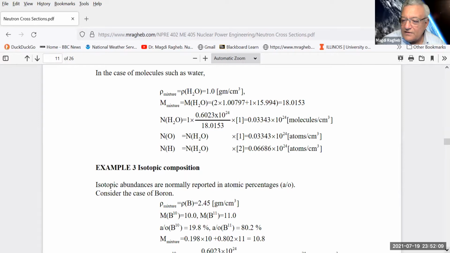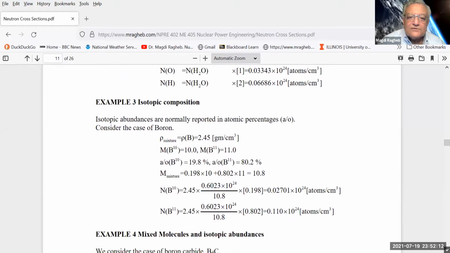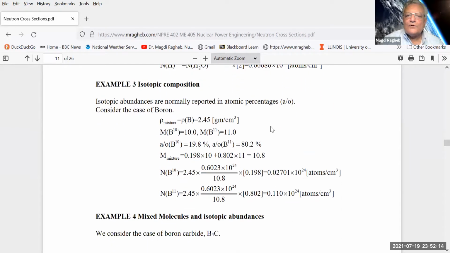It also applies to isotopic compositions, like if you are dealing with boron. Boron is used in the control rods to absorb neutrons in nuclear reactors, but it's also used in neutron cancer therapy to kill soft tissue tumors, say in the brain. So you use the isotope boron 10, preferentially to the boron 11 isotope in boron.